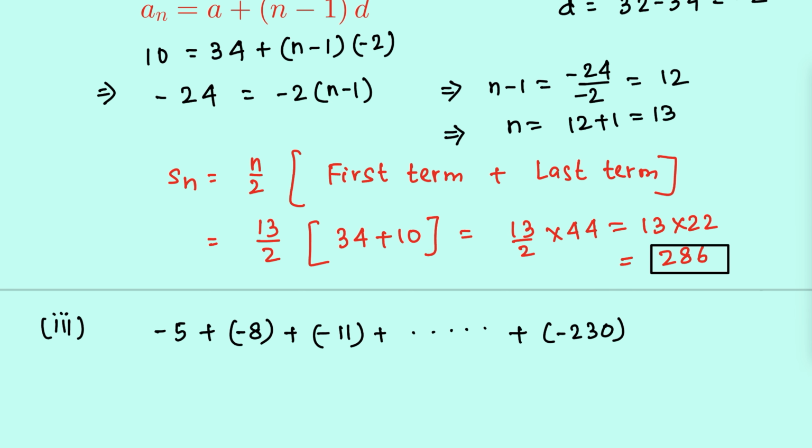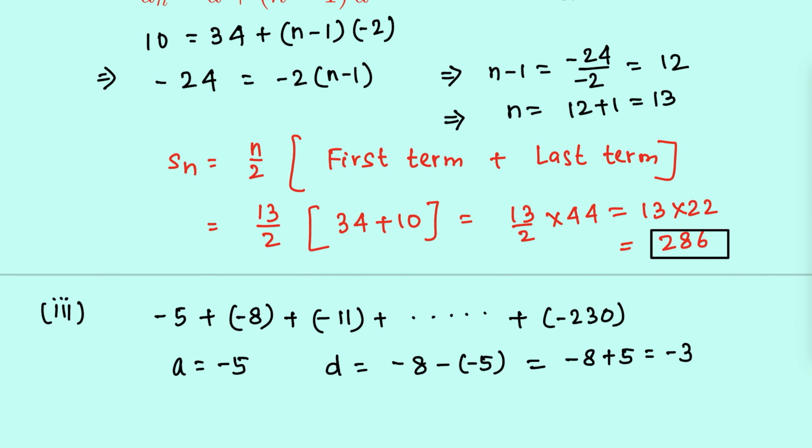Similarly, in this case, first we have to find n. a is given, a is equal to minus 5, and d is equal to second term minus first term, that is minus 8 minus of minus 5, which is equal to minus 8 plus 5, which is equal to minus 3.